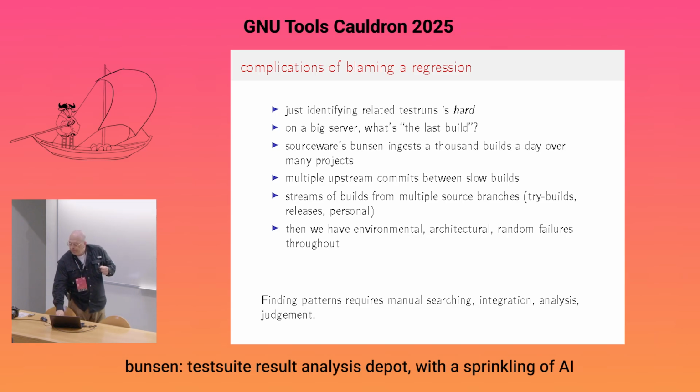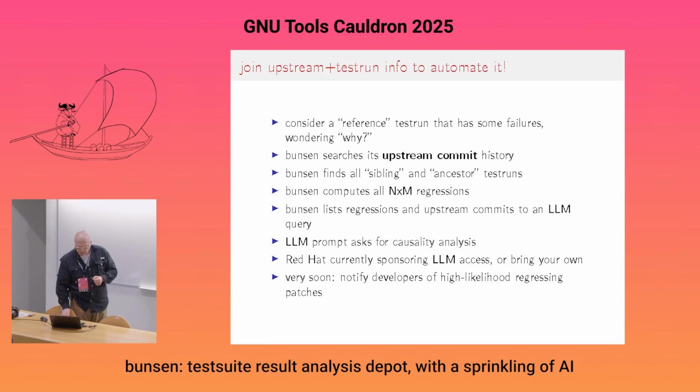Okay, anyway, but now we can do a little better. Bunsen has learned not only the actual test logs that have been fed into it, that metadata also has things like what upstream commits each build was for, because our build bots helpfully supply it, and so do all the other data sources. So for each test run that occurred, we know exactly which upstream Git repo it came from, which upstream Git commit that corresponded to, which is really cool.